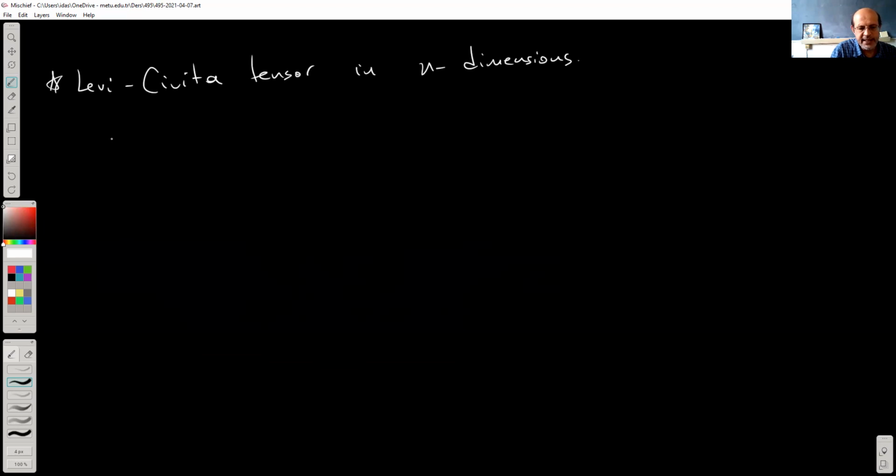It is a number that has n indices, so this is a tensor of n indices. Sorry, a tensor of rank n. It's a rank n tensor.